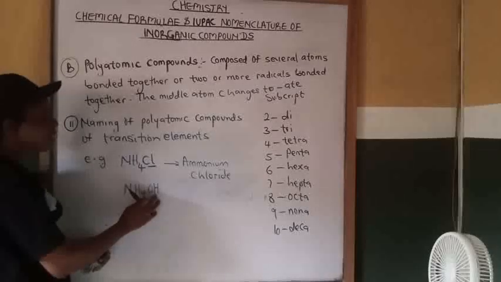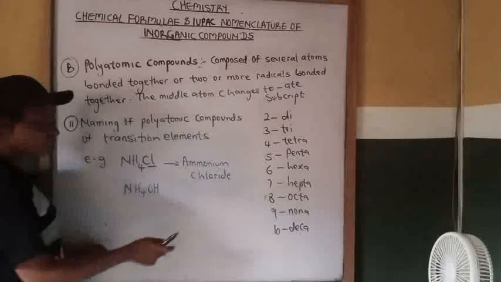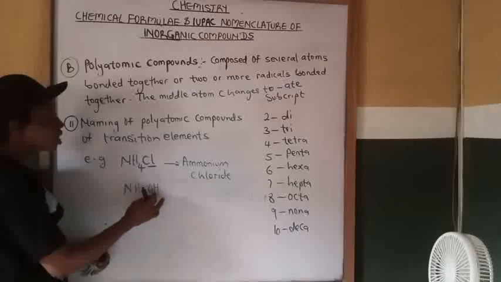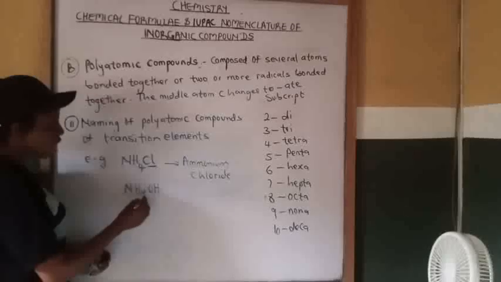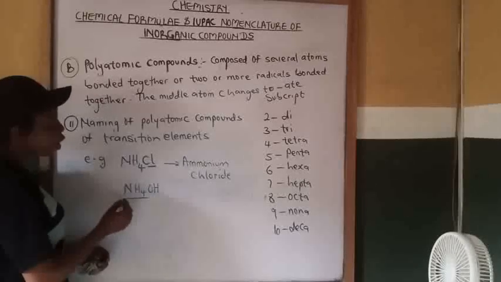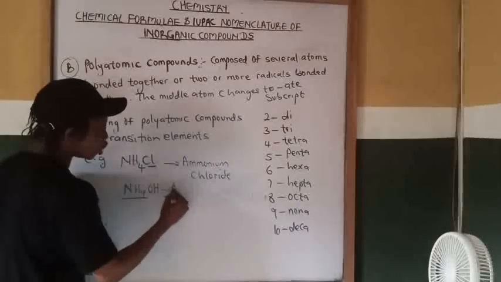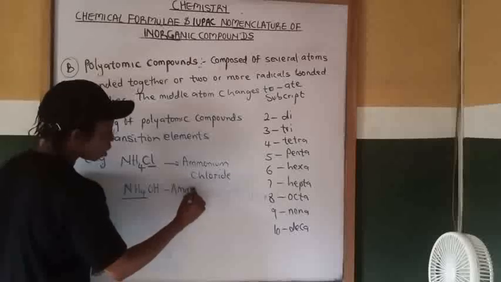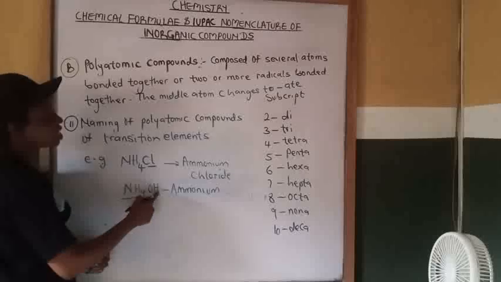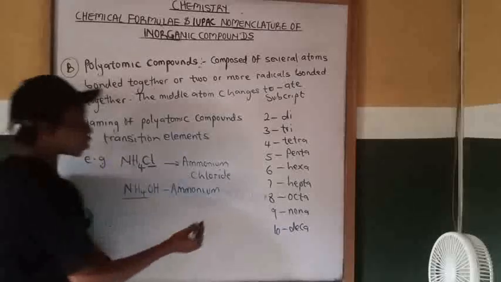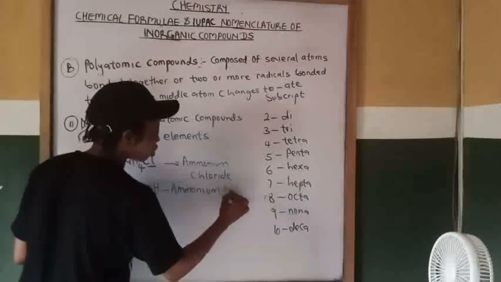Then the negative radical will change to ide, so hydroxy will change to hydroxide. NH4 is known as ammonium, and hydroxy now changes to hydroxide. Ammonium hydroxide.